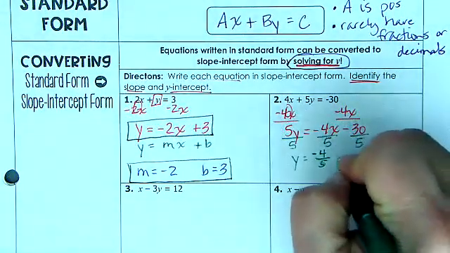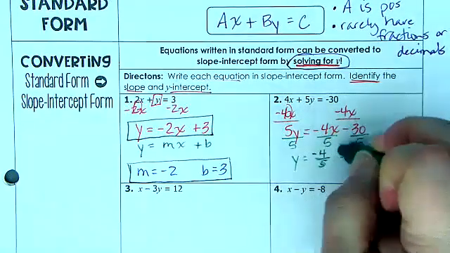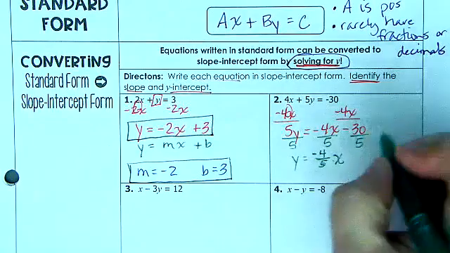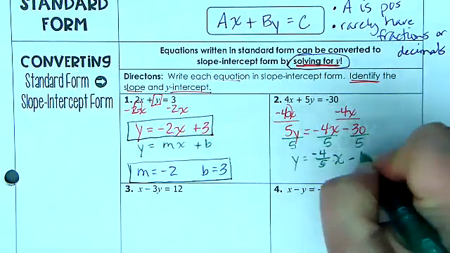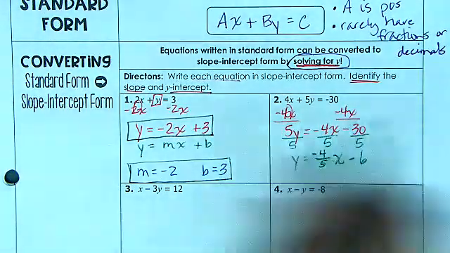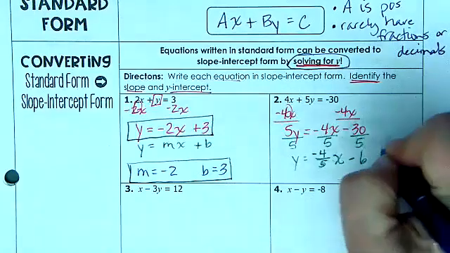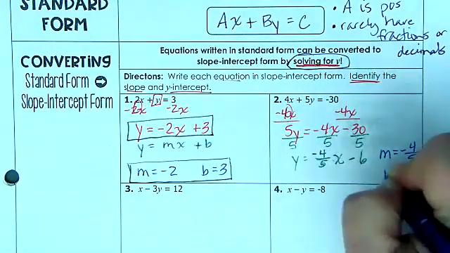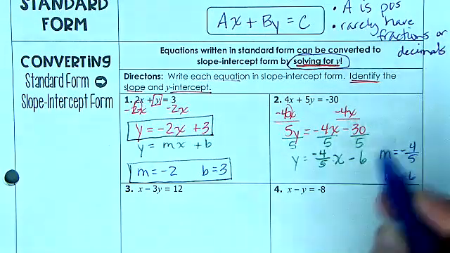Okay. Minus, oh, I forgot the x. Don't forget the x because that makes it wrong. You have to have the x in here. Minus 6. And now I pull out my slope and my y-intercept. So I have m equals negative 4/5 and b equals negative 6.